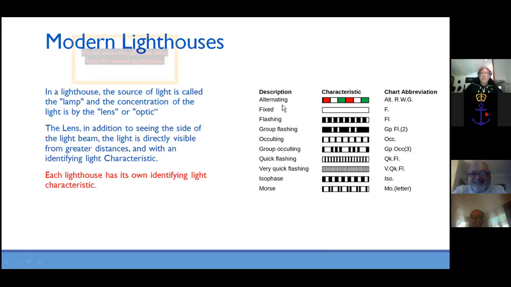Okay, so if we talk about those characteristics for a minute, you can have them as different colors. The top one, that's red, green, white alternating. You could have it as just a fixed light. You could have a flashing light on and off. You could have it as a group flashing. So dark, 2 flashes, dark, 2 flashes. So there's a useful table.